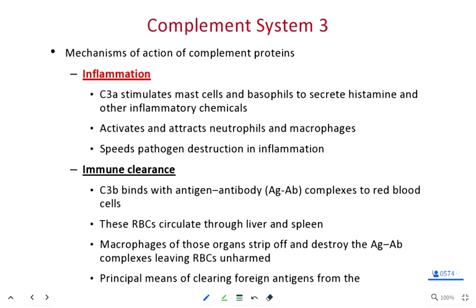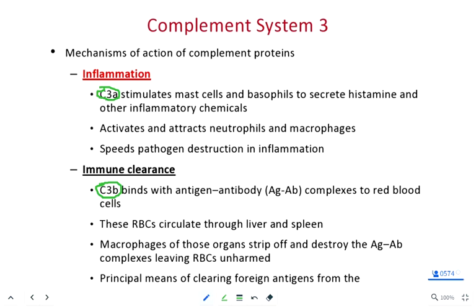One of the proteins, we have complement protein number 3A and complement protein 3B. So when we look at these abbreviations, just think one of the proteins of the complement system. And there are many different proteins of the complement system. If the complement protein 3B binds to an antigen-antibody complex, where an antibody is stuck itself to an antigen, it's going to bind to that complex and cause those red blood cells that are exposed to circulate throughout the liver and spleen.